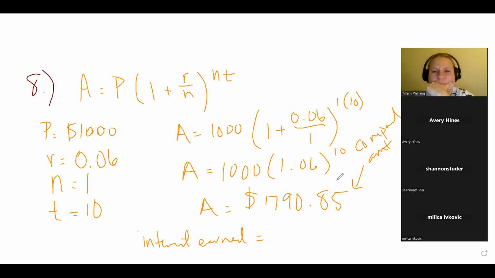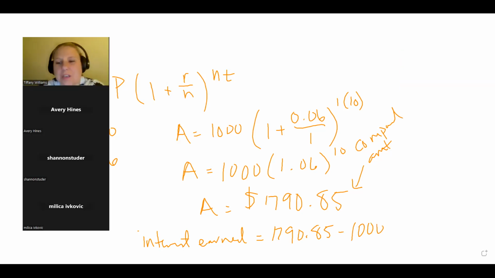Would it just be the compounded amount minus the original amount? Shannon, that's beautiful. That's exactly what we're going to do. We're going to do 1790.85 minus the original, or what we originally started with, which was 1,000. So what's our compound interest end up being here? 790.85.